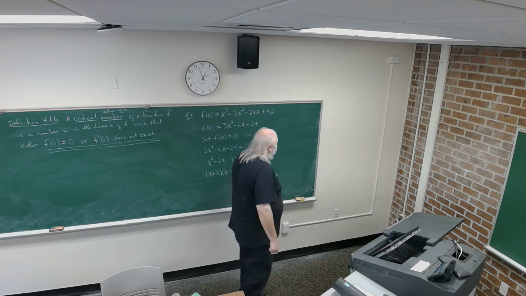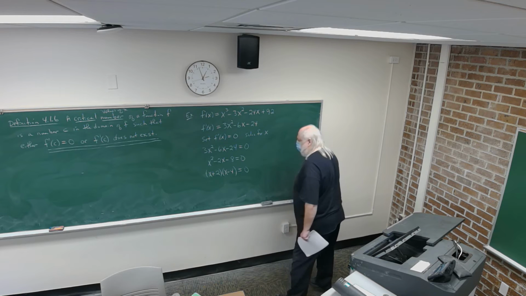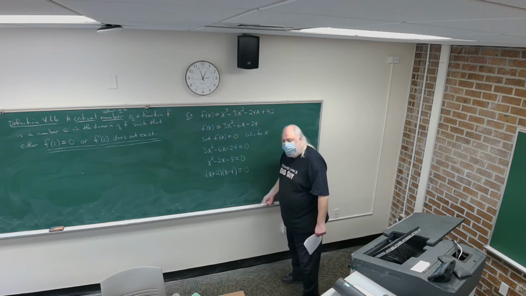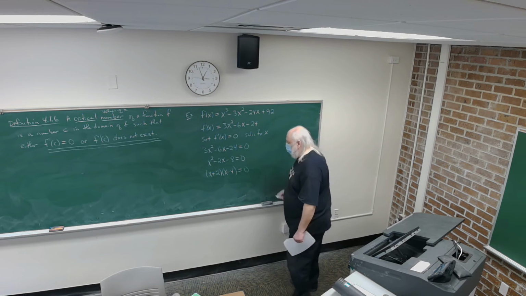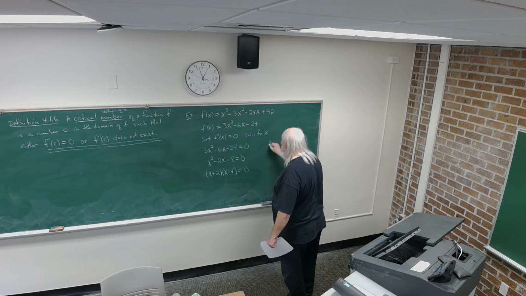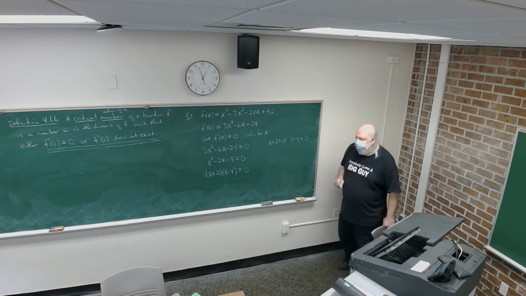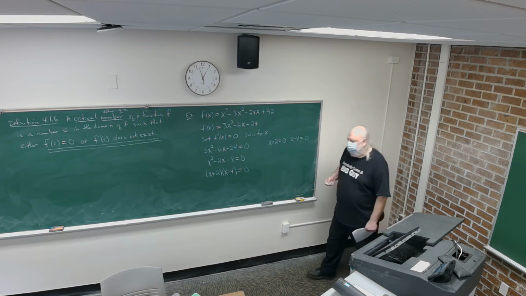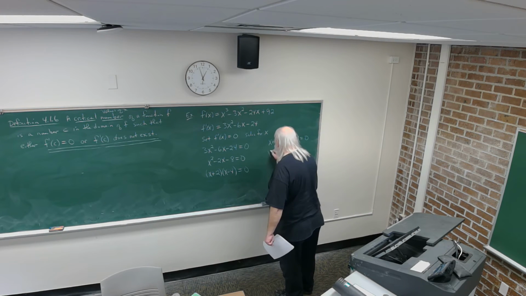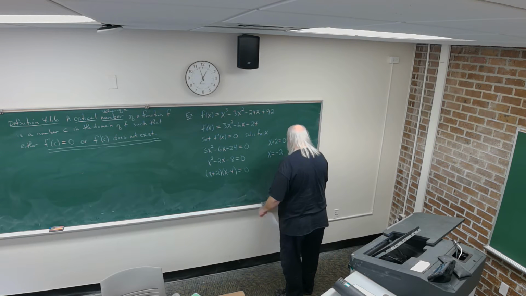And then by the zero product property, a product of two factors is equal to 0. So either the first factor, x plus 2, is equal to 0, or the second factor, x minus 4, is equal to 0. And now when I solve for x, I get x is equal to minus 2, and x is equal to 4.